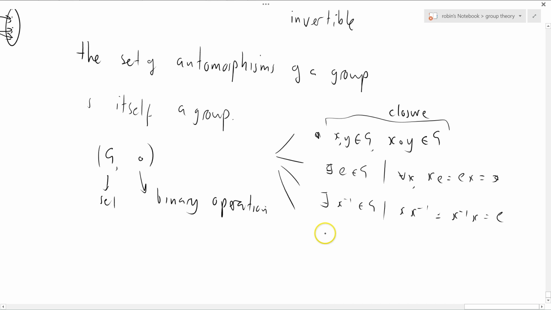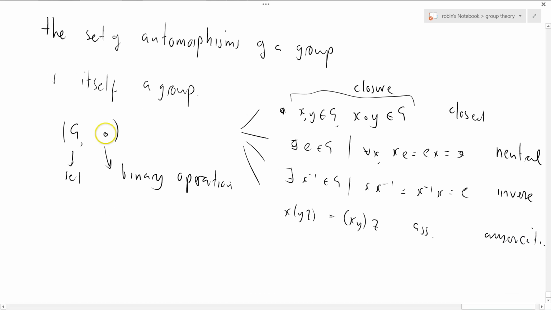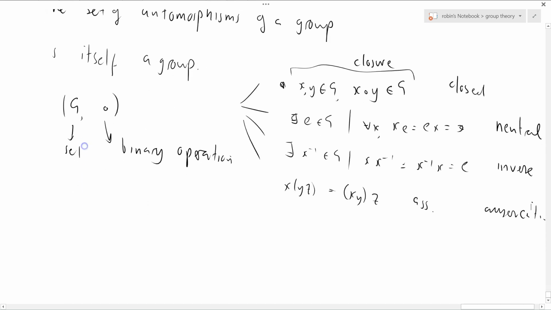And also (xy)z equals x(yz), associativity. So it needs to be closed, there needs to be a neutral or an identity element, there needs to be an inverse, and it needs to be associative. So what is this operation here that can be applied to automorphisms?